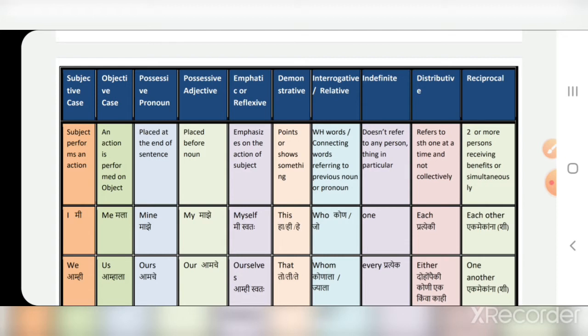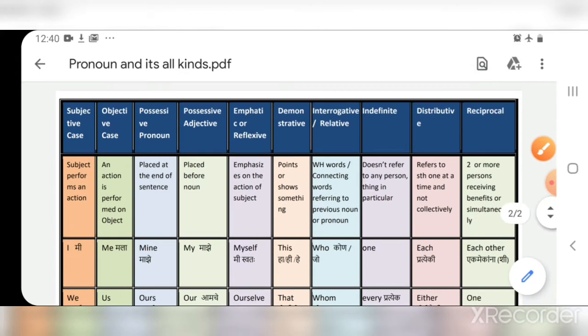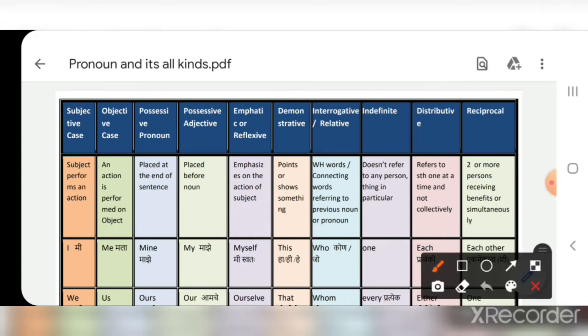Now the next one is possessive pronoun. There are possessive pronouns and possessive adjectives both. What is the difference between them? According to the possessive pronoun or adjective, their places in a sentence change. That means if I want to use mine in a sentence, I will say this book is mine.